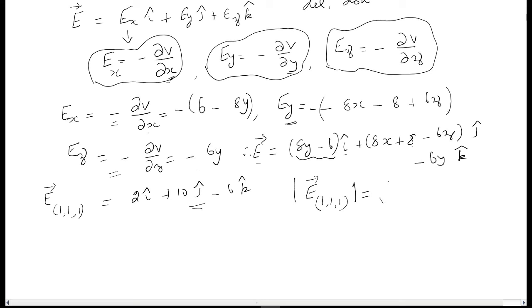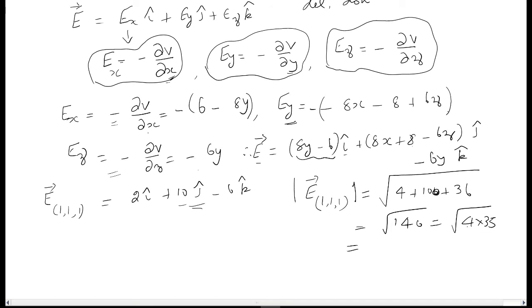So square root of 2 squared plus 10 squared plus (-6) squared, so 4 plus 100 plus 36, the square root of 140, which is simply 4√35 under the square root. When you take the 4 outside, since there is a square root, it is 2√35. Now this is the electric field, so the unit will be Newton per Coulomb.